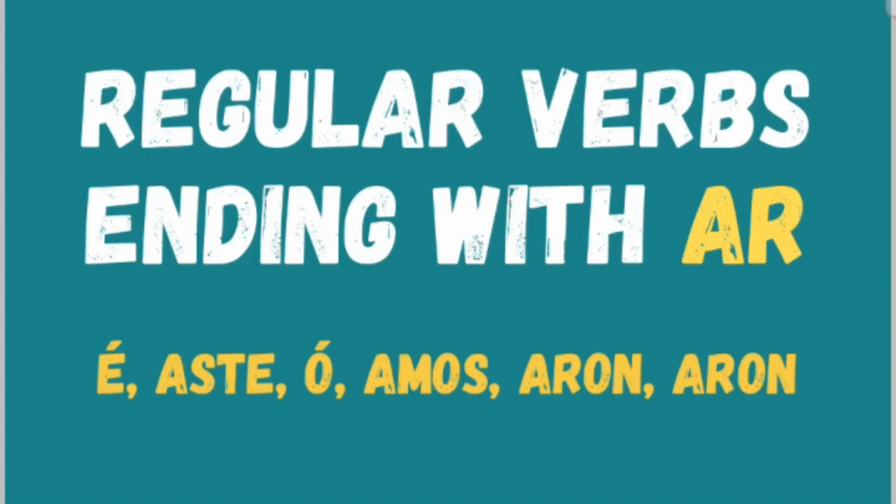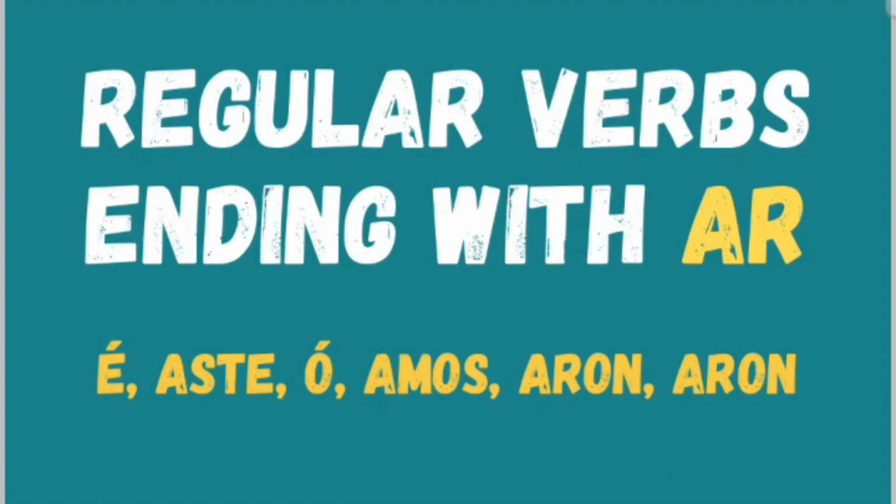Now, if we have the personal pronoun we, which means nosotros in Spanish, then the ending of our verb will be amos, if we're talking about the personal pronoun we, nosotros.